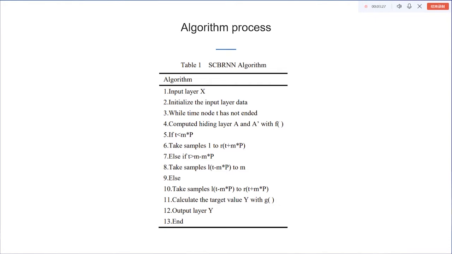Based on the characteristics of mini-batch gradient descent, this paper proposes an efficient optimization method, SCBRNN, which uses a part of the samples to update the parameters in each iteration.